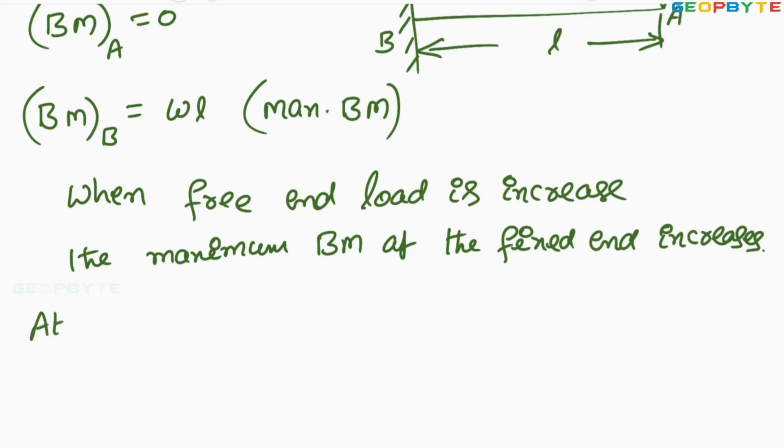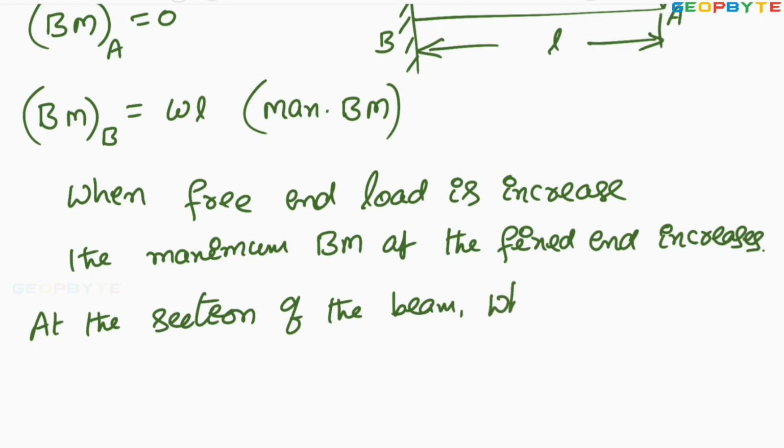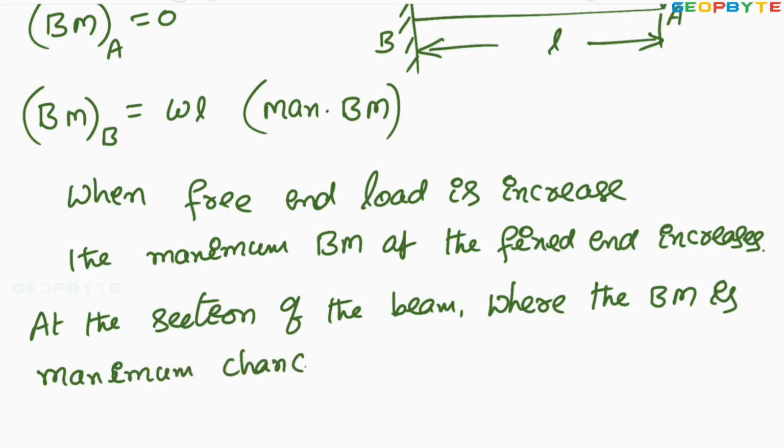At the section of the beam where the bending moment is maximum, chances of failure are more. Wherever the bending moment is maximum, chances of failure are more.